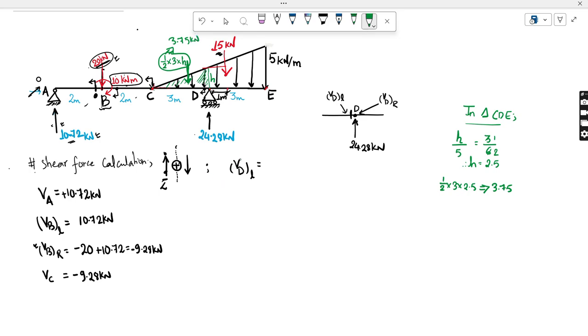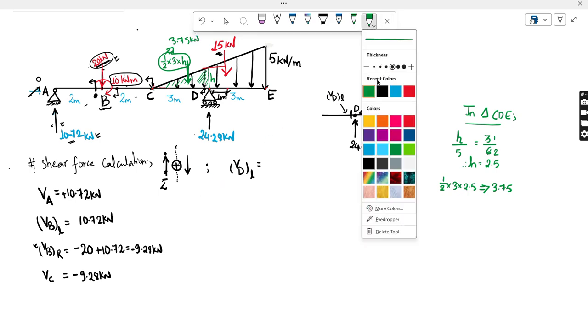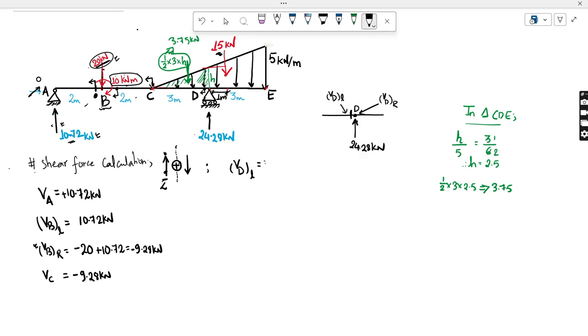Fine. Now looking to the left, first I see this 3.75 acting downward, but the arrows go upward, so this is negative: minus 3.75, and again minus 20, plus 10.72. I don't know how much this will come, so let me calculate this.